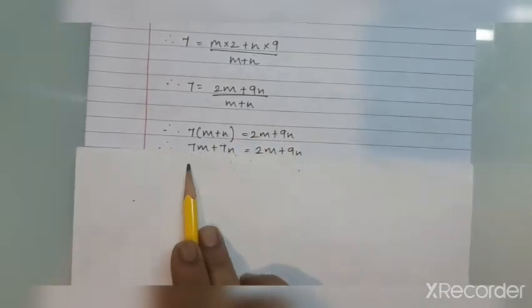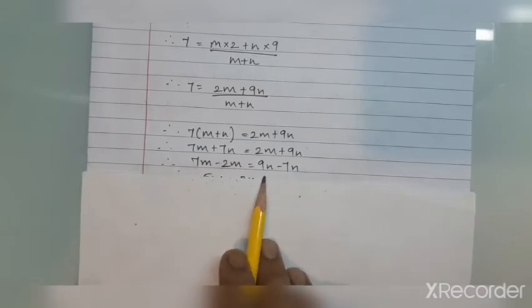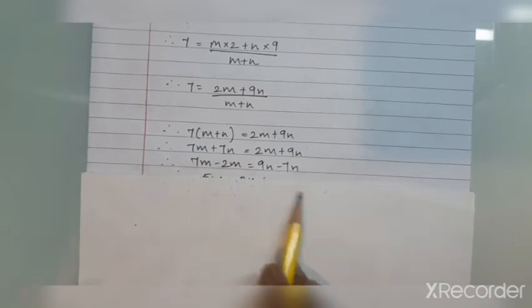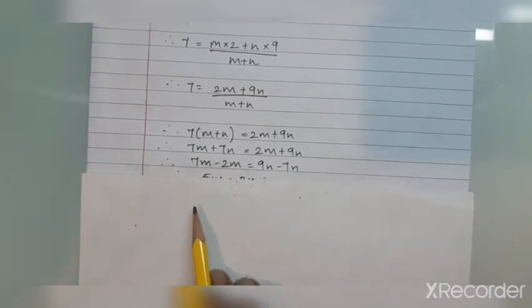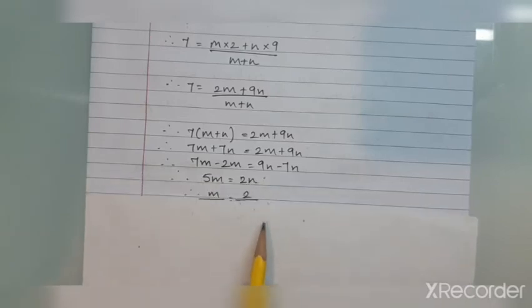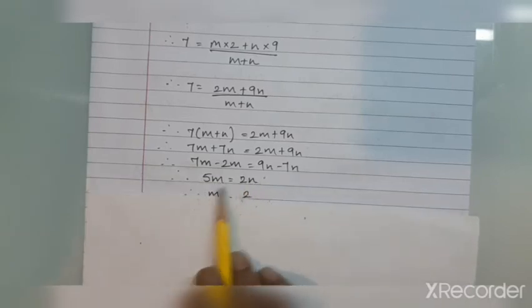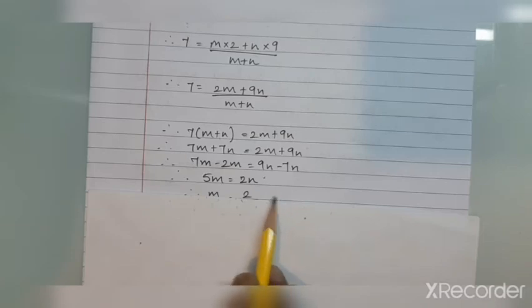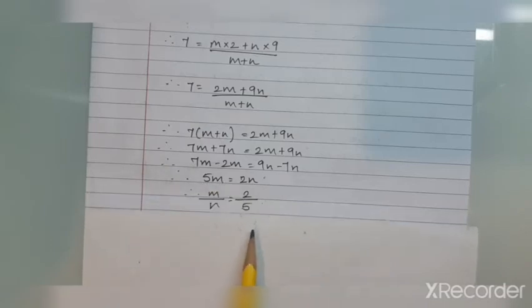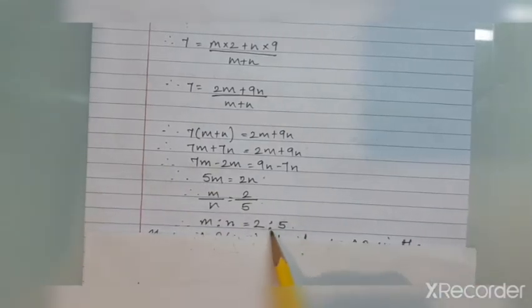We shift all the m terms on one side and n terms on the other side by just shifting. If it is plus, it becomes minus. If it is minus, it becomes plus. Now we bring the m and n alphabets on one side and the numbers on the other side. It is multiplied, so it will be divided. So our ratio we have got is 2:5.